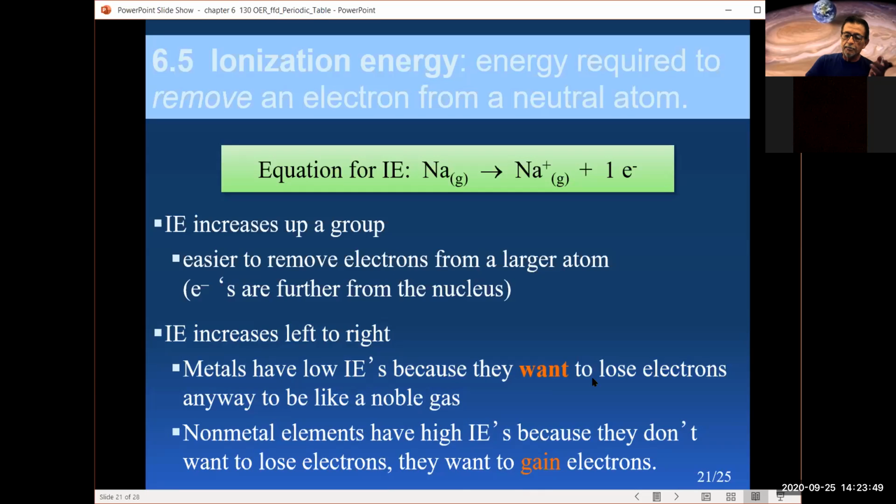That stands to reason. Now, when we go from left to right on the periodic table, okay, well, just like the radius, as we go from left to right, there are more protons, and therefore those electrons are being held on tighter with those elements that have more protons as we go across the periodic table. Okay, and so let's do an example.